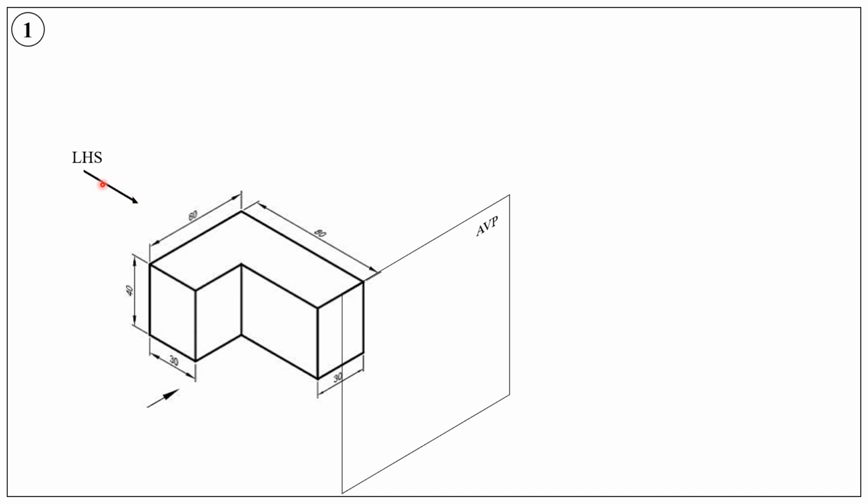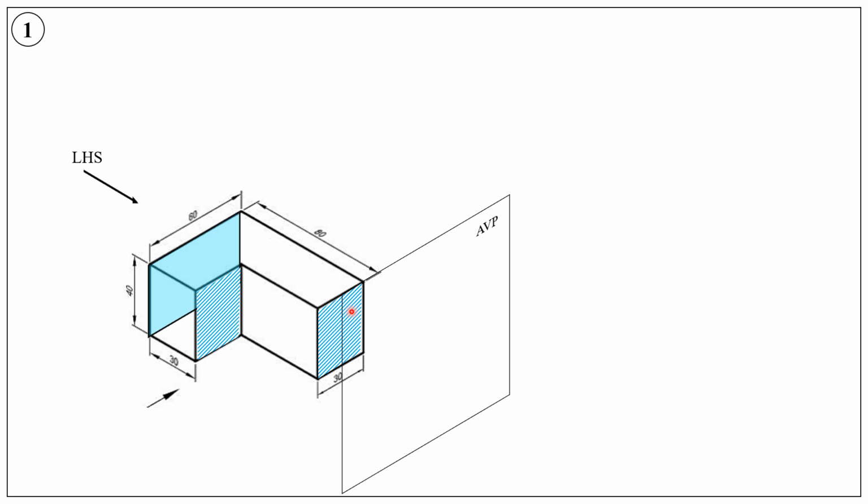When the observer looks in the direction of the arrow mark, he will be able to see this shaded region. That means the left hand side view is a rectangle. But if you take a close look into the object, this rectangle can be divided into two. So this is one rectangle and this is another rectangle.